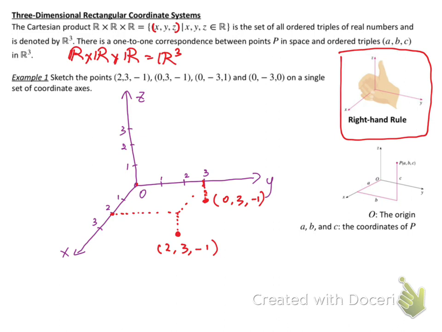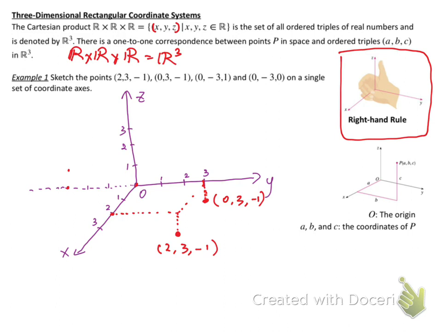Okay, the third point we have 0, -3, 1. X equals 0 is the origin, y equals -3. So this time I am going to extend my y-axis to the negative side, and then I have my unit 1, 2, -3. So x equals 0, y equals -3, and z is 1.